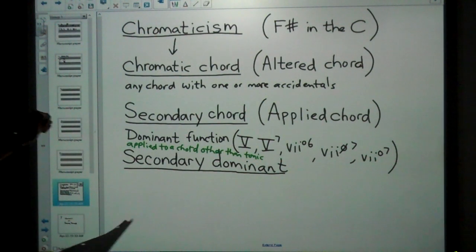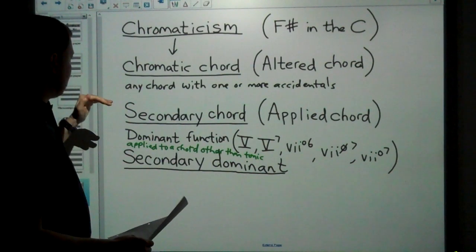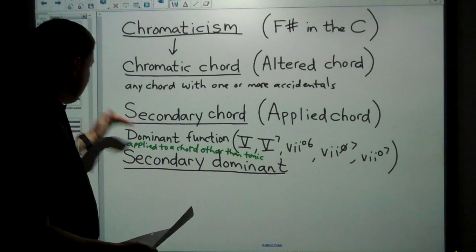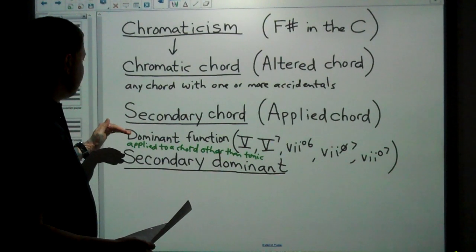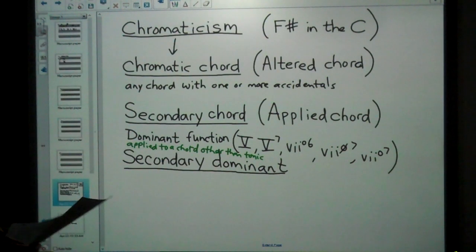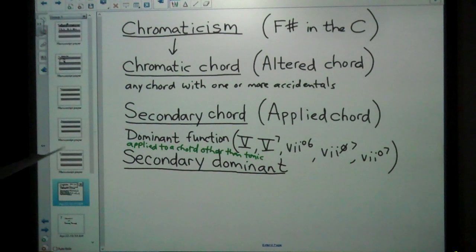So that's what you need to know about what a secondary chord is. It's a chromatic chord with dominant function, and that function is applied to a chord other than the tonic chord.